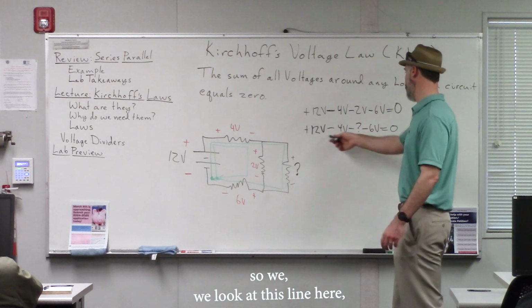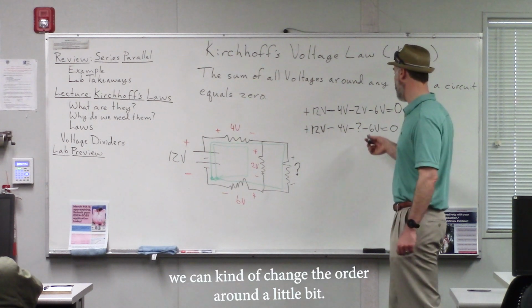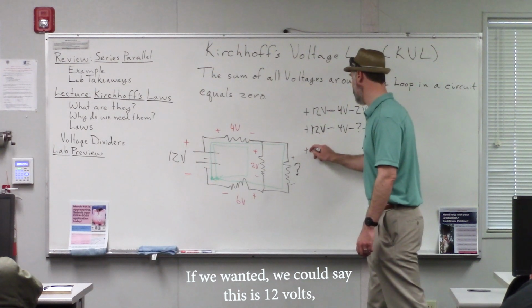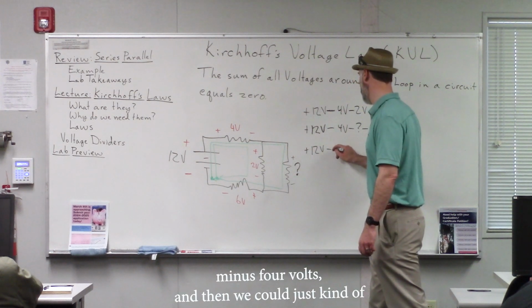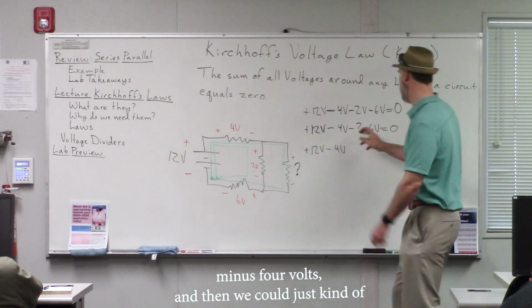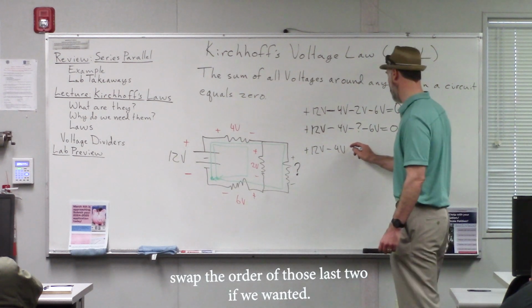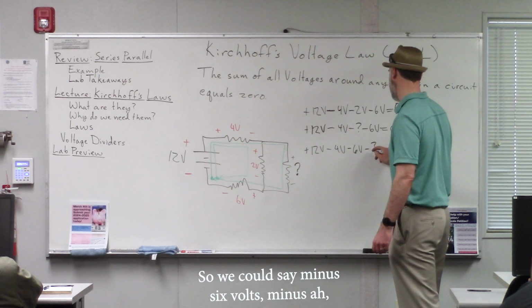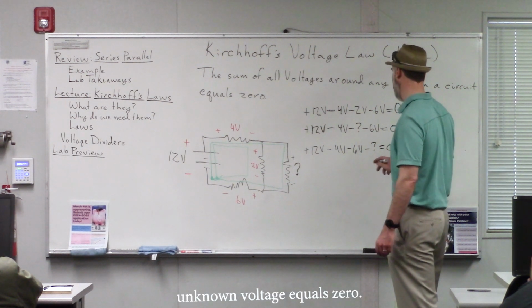We look at this line here. We could kind of change the order around a little bit if we wanted. We could say this is 12 volts minus 4 volts, and then we could just swap the order of those last two if we wanted. So we could say minus 6 volts minus our unknown voltage equals 0.